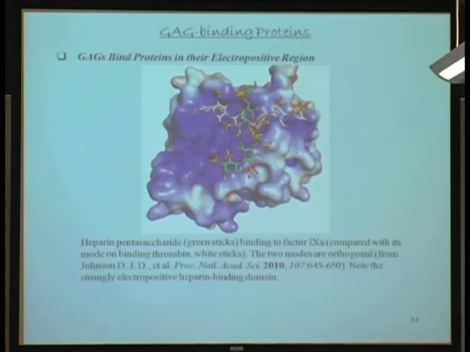Thrombin and factor 9A are homologous serine proteases. Thrombin, 10A, 9A, 7A, 11A are all homologous. The heparin binding site is homologous.